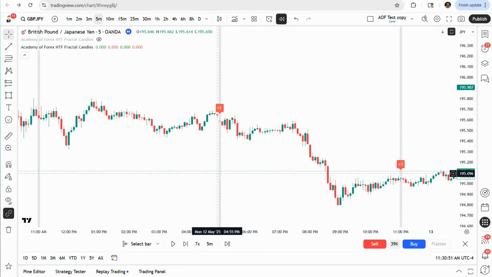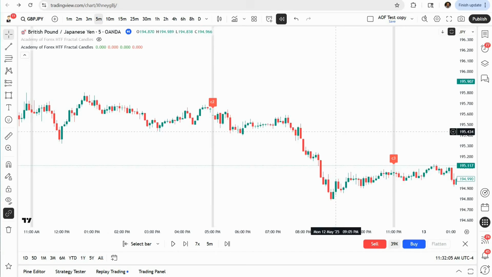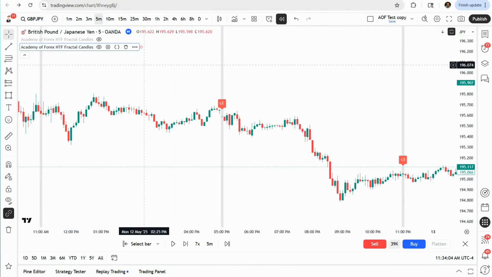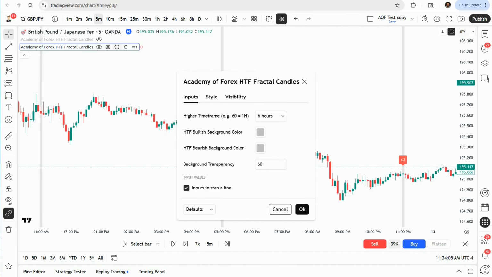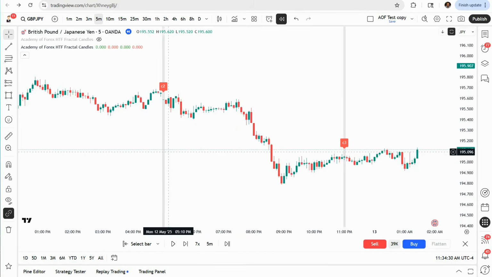If you have not already seen it, I'd like to introduce you to the newest indicator here at the Academy of Forex. It's a very simple but very powerful indicator. What it does is it helps to predict or anticipate what future price might be doing within a specific future time frame. To do this, we are aligning a higher time frame and specific candle formations, which make up the red and green tags, as well as the blocked out period of time in between these two gray lines.